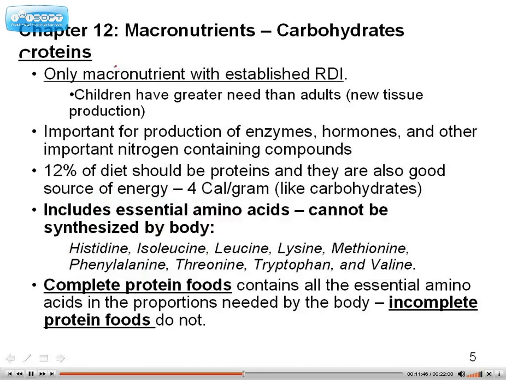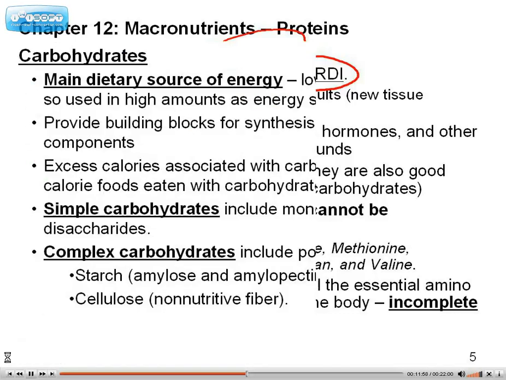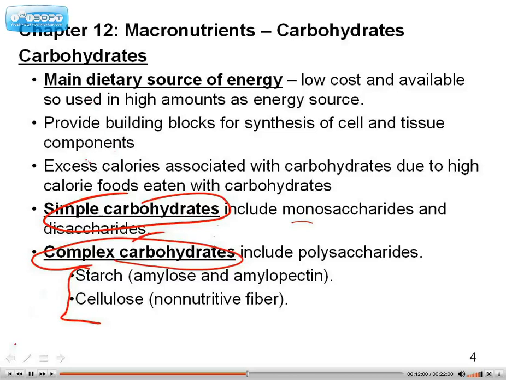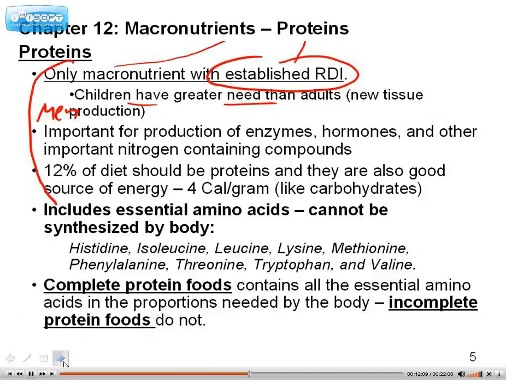Proteins, only macronutrient with established RDAs. Children have greater need than adults do. So memorize this portion right here. On the previous slide, memorize everything. 12% of diet should be proteins, and they're also a good source of energy.